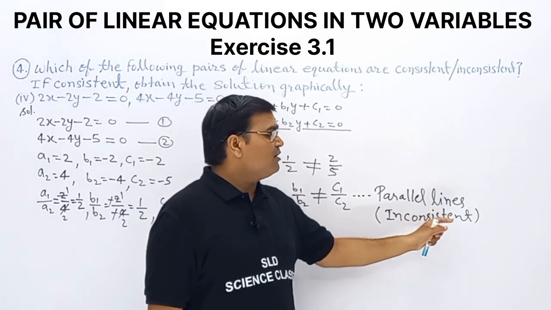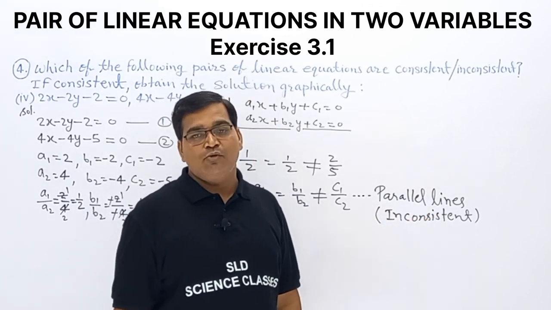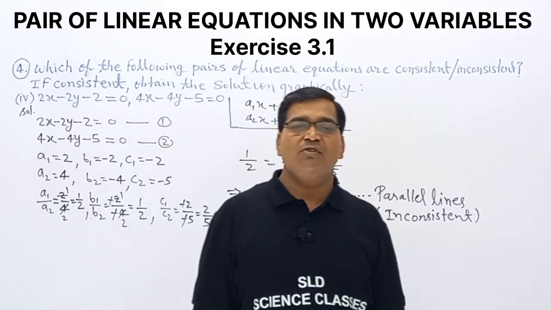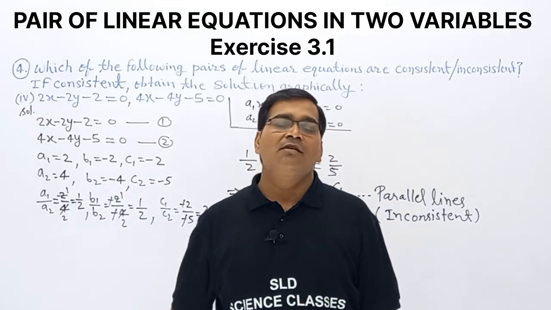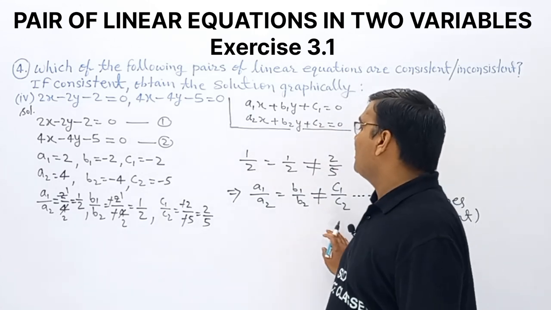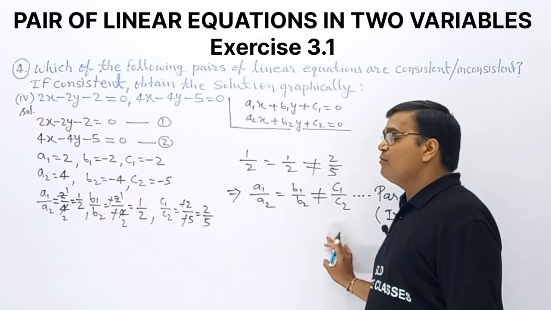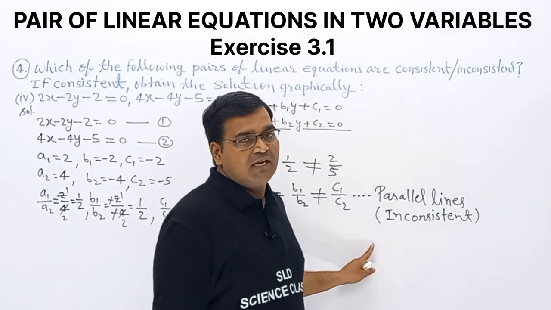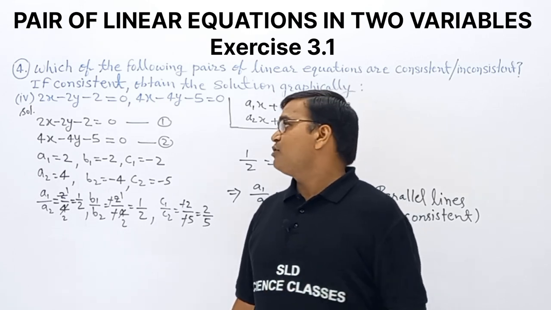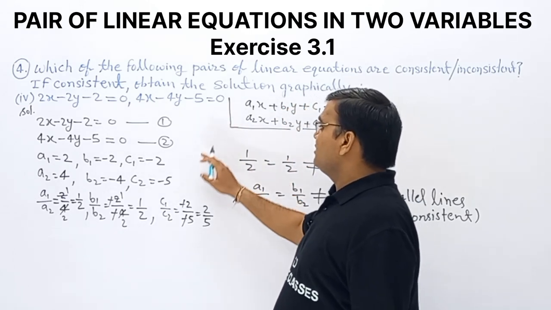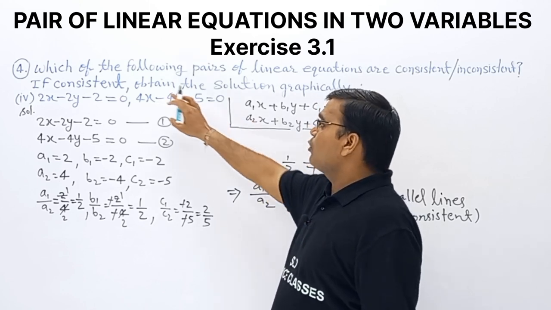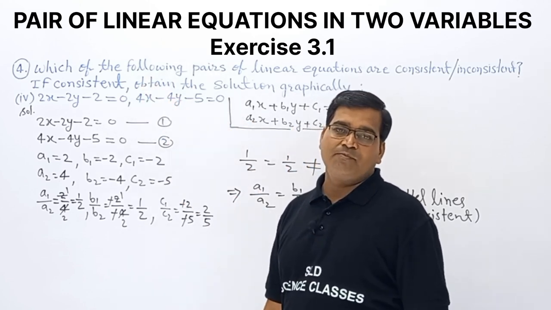Once the system is inconsistent, we will not find the solution; we find the solution only for a consistent system. Here the pair of linear equations is inconsistent, which means there is no solution. So the answer is no solution. We will not solve these equations, because we solve only when the system is consistent.